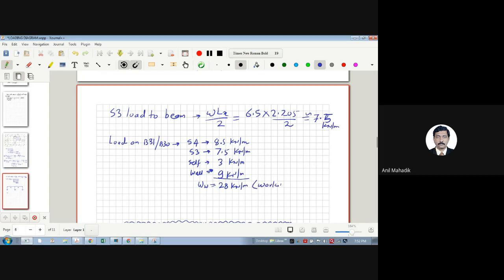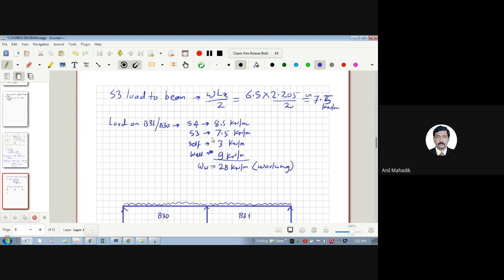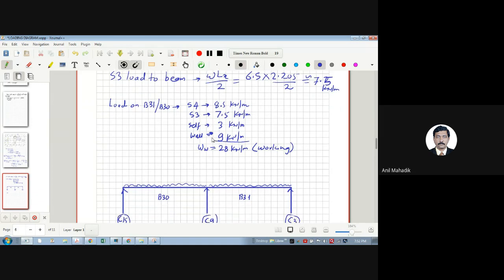See, every time I write this working, because don't forget, sometimes people make mistakes. They forget to multiply it by 1.5 whenever they design or calculate the bending moment diagrams. So ultimate case is important for design of any RCC members. But okay, you can multiply here itself. WU is nothing but 1.5 into 28. मतलब ये ultimate load है now.